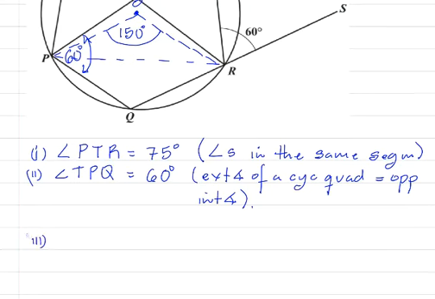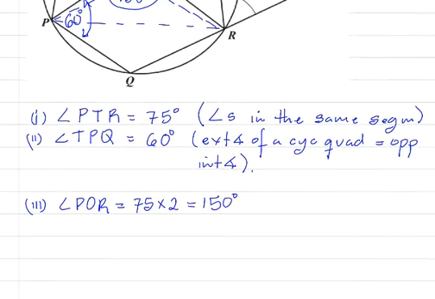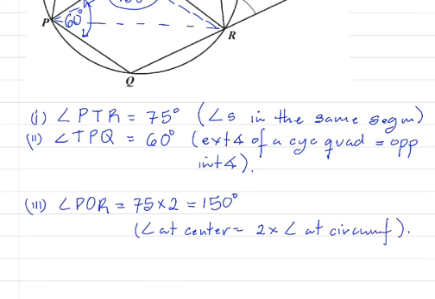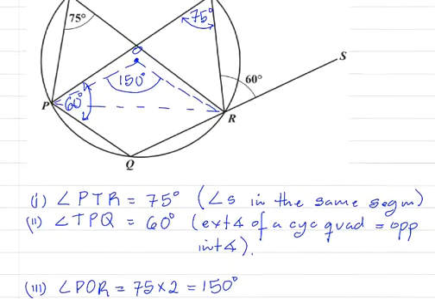Angle POR is equal to 75 times 2, which is 150 degrees. And the simple reason for that is that the angle at the center is equal to 2 times the angle at the circumference.